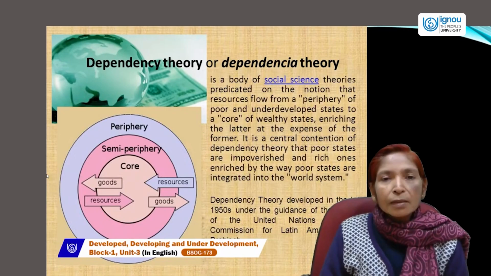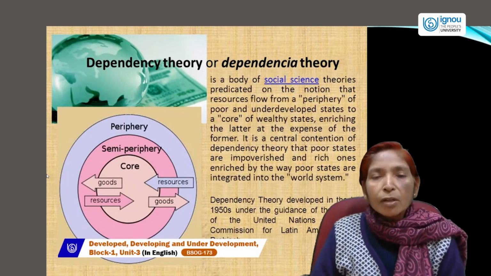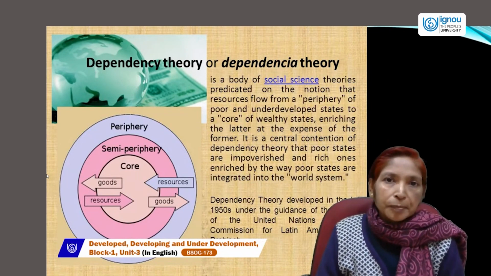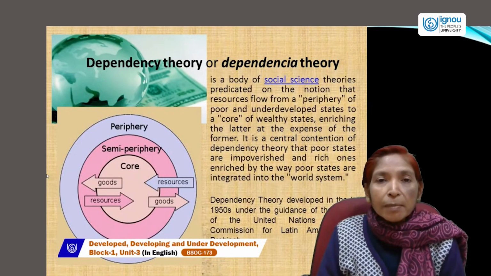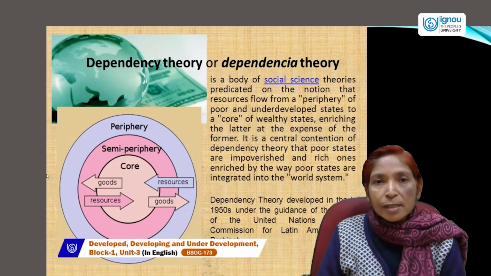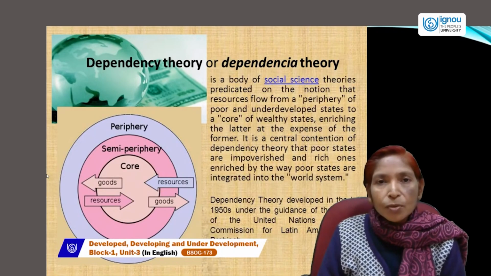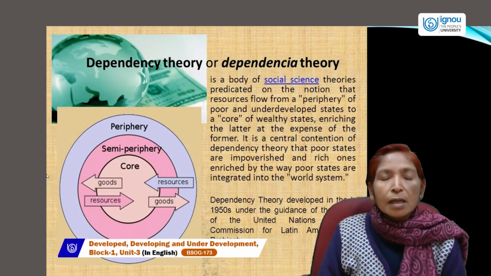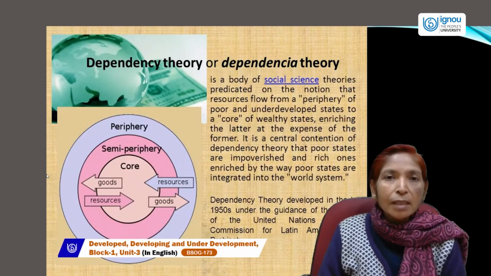And why are core countries mainly dependent upon underdeveloped countries and developing countries for their growth and development? Because developed countries are using resources like natural resources, human resources, and capital resources, mainly natural resources, from developing or underdeveloped countries.